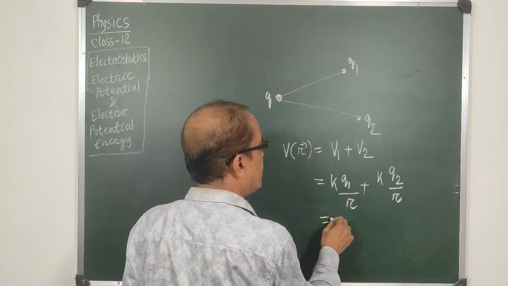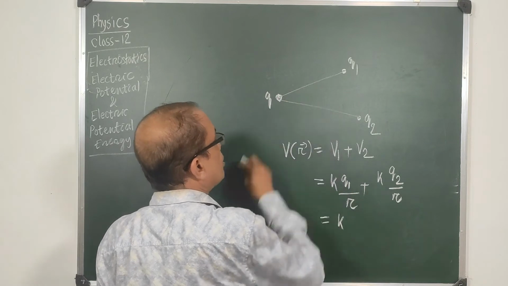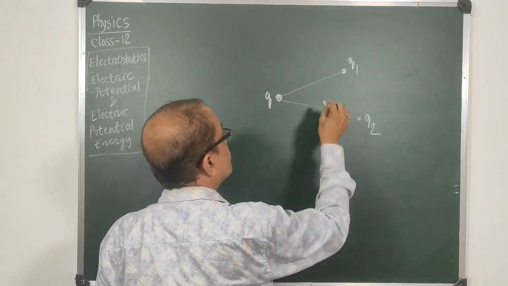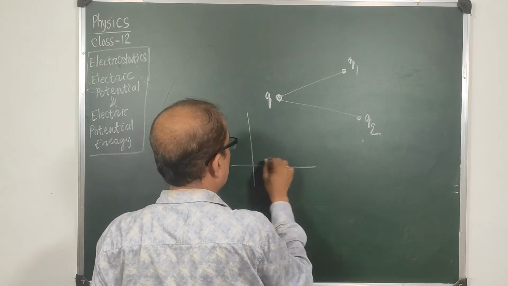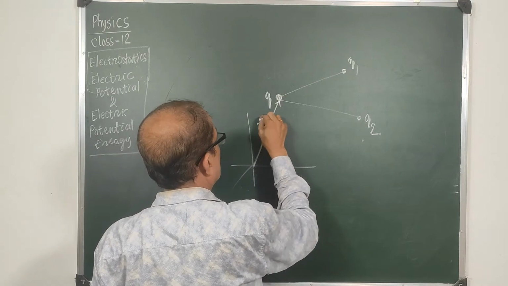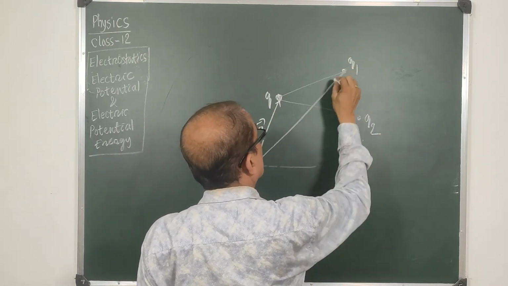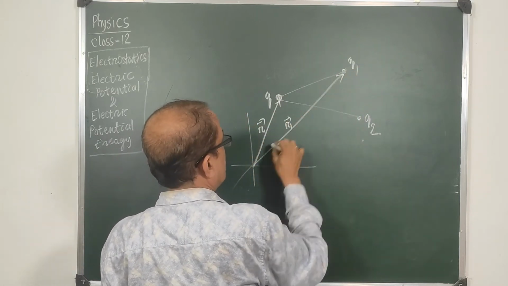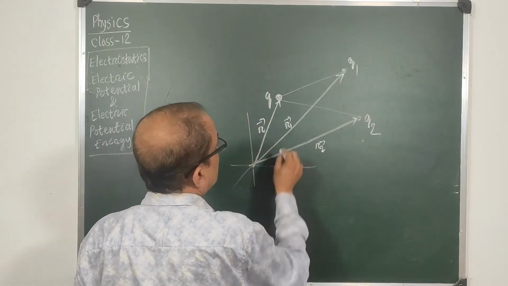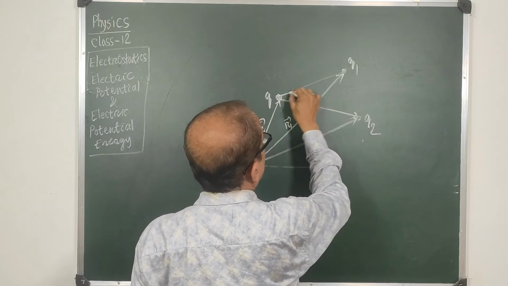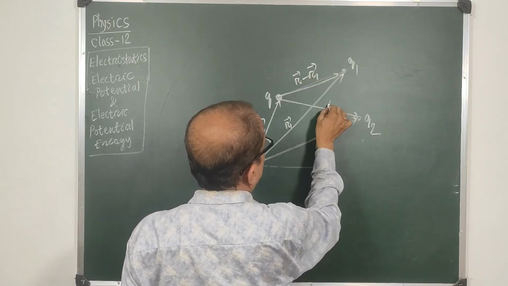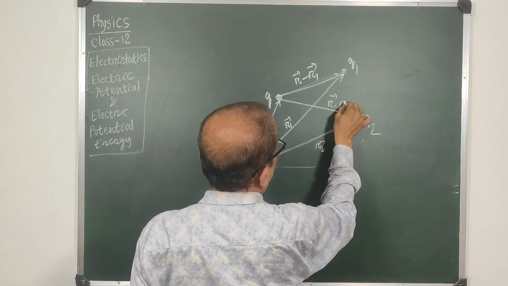So if we are taking the vector form, suppose from a reference point, this point is r vector, this point is say r1 vector, and this point is r2 vector. Then clearly we have to find these two vectors, which can be r minus r1 vector, and r minus r2 vector.